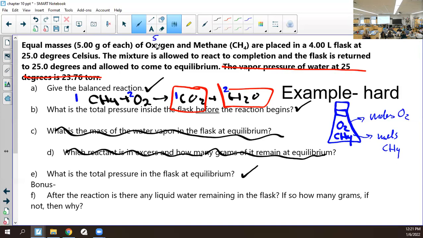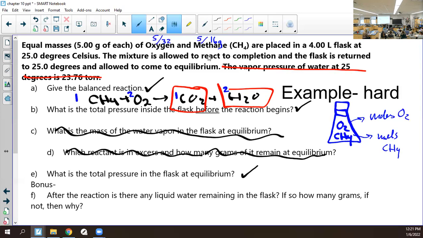So it's 5/32 for oxygen. Is everyone okay with that? Where I got the 32: O2 has 2 O's, and one is 16. And then methane is 16, right? All right. So it is 5/16.